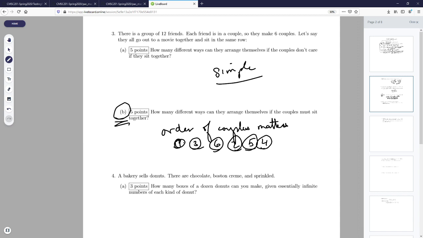That tells us the number of ways to do this, but then inside of each couple, you have person A and person B, and the other option is person B or person A. So you also have to take the order of couples matters and the order inside a couple matters.